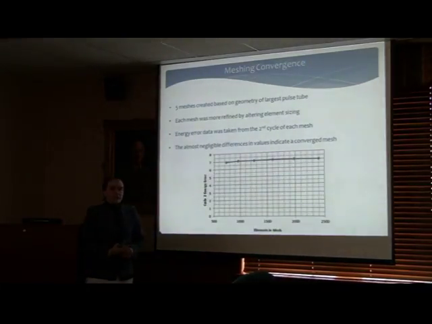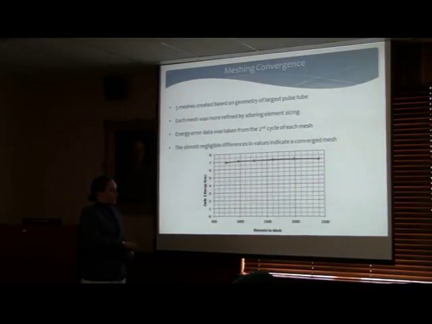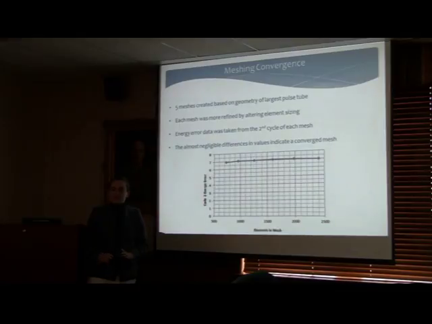Meshing convergence: if your elements are too big, you will not be able to account for everything that's happening within the pulse tube. So meshing convergence is when you create a bunch of different meshes, and you run them through the same simulation to see if your mesh gives you the same kind of results as the meshes with fewer elements.